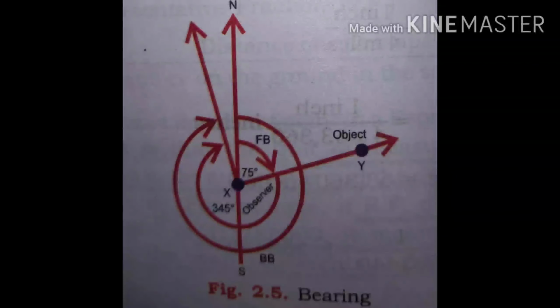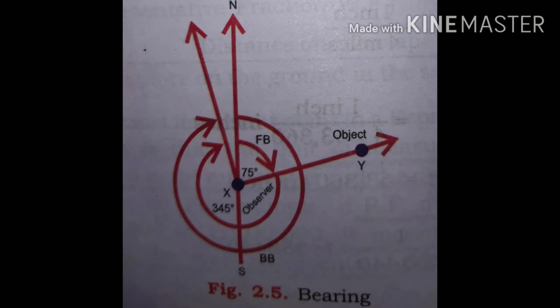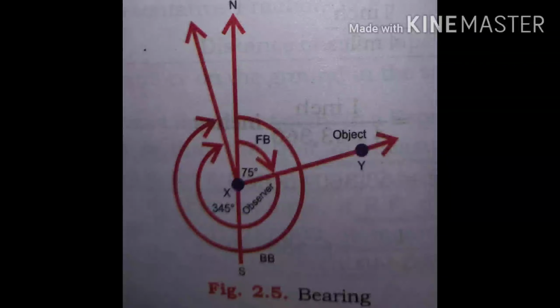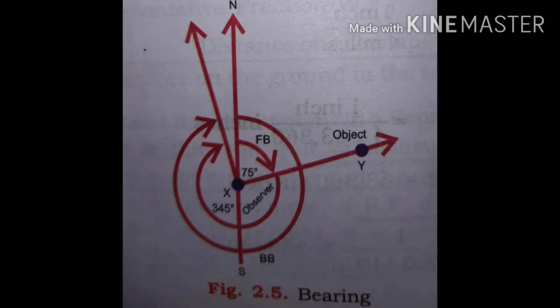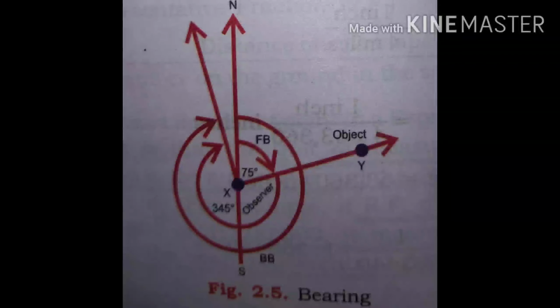It means that the point y is having a bearing of 75 degrees from x, or a forward bearing of 75 degrees from x. And if we have to find the backward bearing, we have to go through anti-clockwise direction, and the anti-clockwise angle will be 360 minus 75, which is equal to 285 degrees.